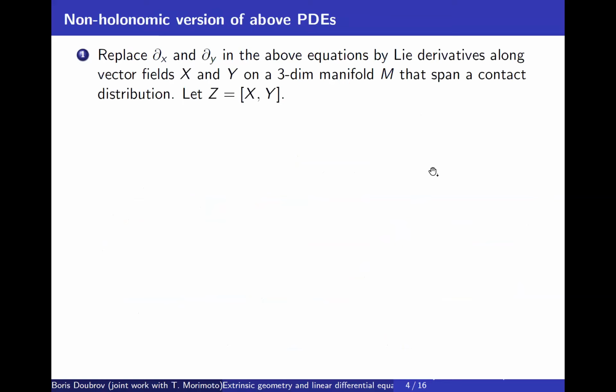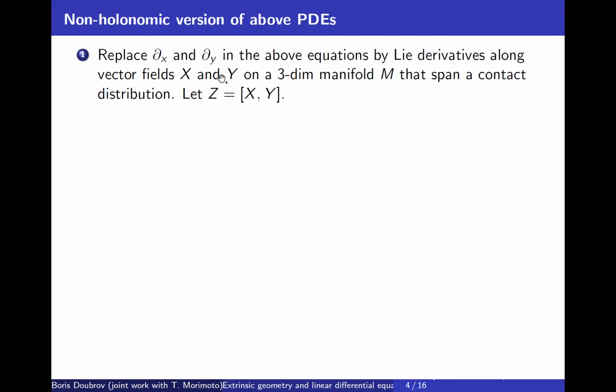So how do we contactify this point of view? In terms of geometry, it is not easy. In terms of PDEs, it's fairly easy. So what we do, we just replace partial derivatives in x and y, so instead of two-dimensional surfaces, we consider now three-dimensional manifolds, and replace partial derivatives d/dx, d/dy, which of course commute, by Lie derivatives along two vector fields X and Y in a three-dimensional manifold.